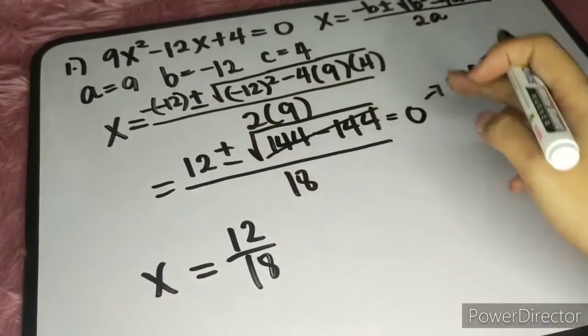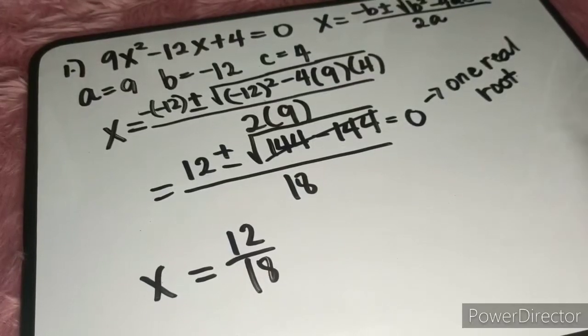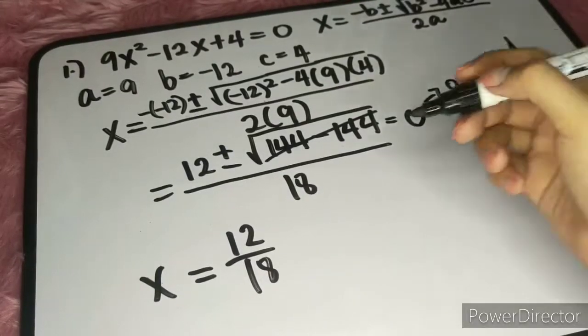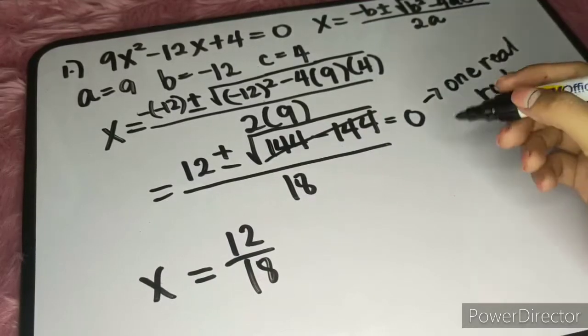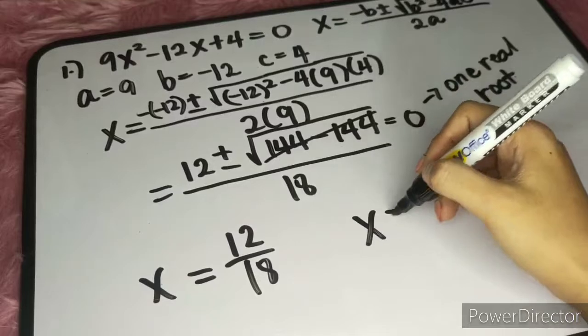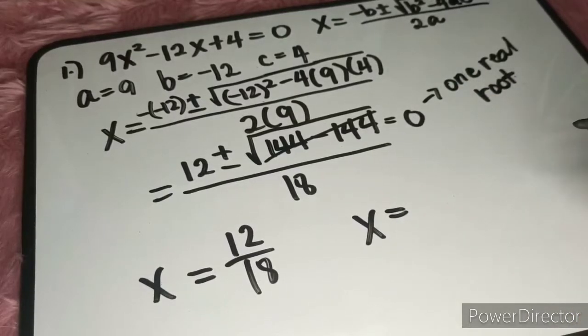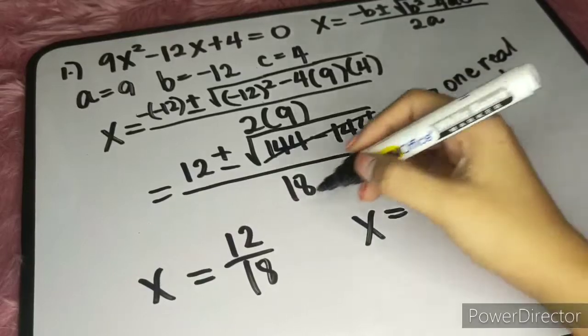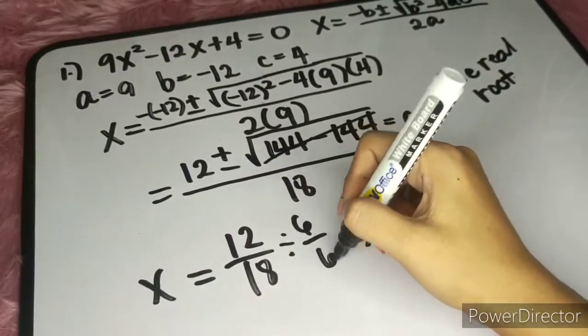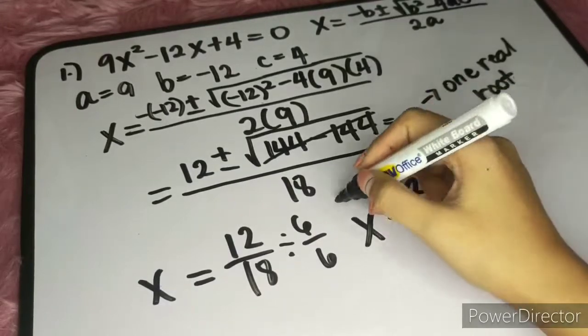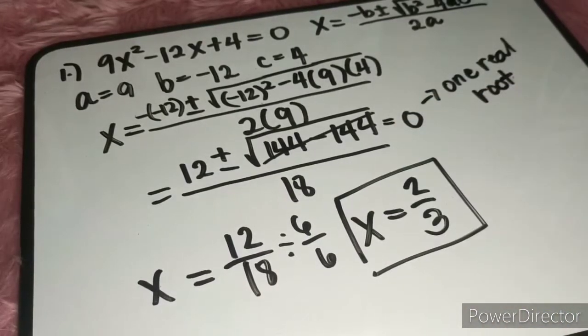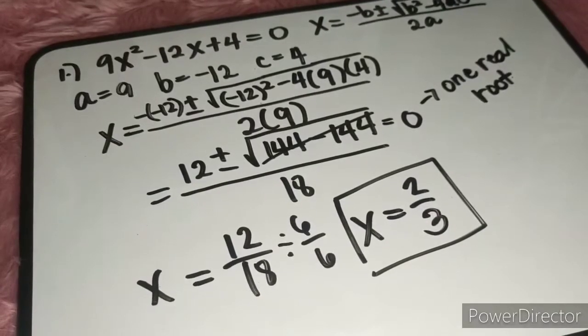The plus or minus is gone, since it is plus 0 or minus 0. Nothing will happen, and we will just have one value for x. That's why it is called one real root. So, our x is 12 over 18. The GCF is 6, so when we divide by 6, that is 2 over 3. So, this is the root of this quadratic equation.